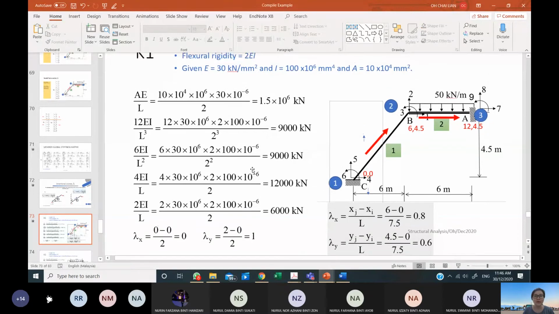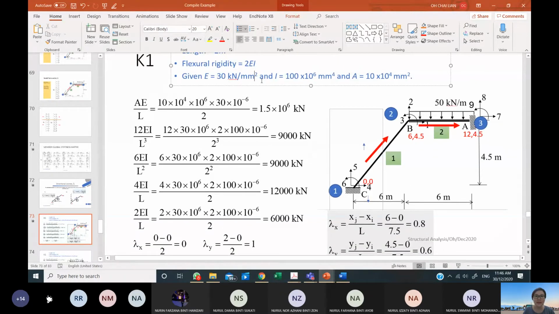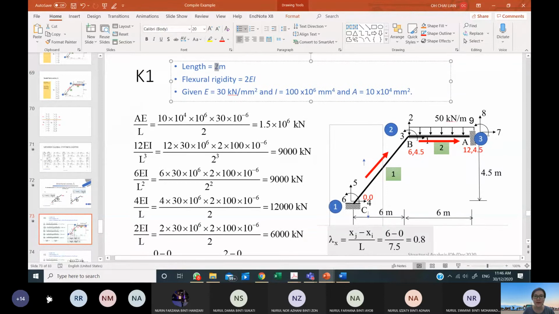What you can help me do now, don't get confused, I'm taking this from my other example. We are going to fix it now. The length is 7.5 meter, the rigidity is EI, and given E is 200 gigapascal, I is 225, and A is 7,500.